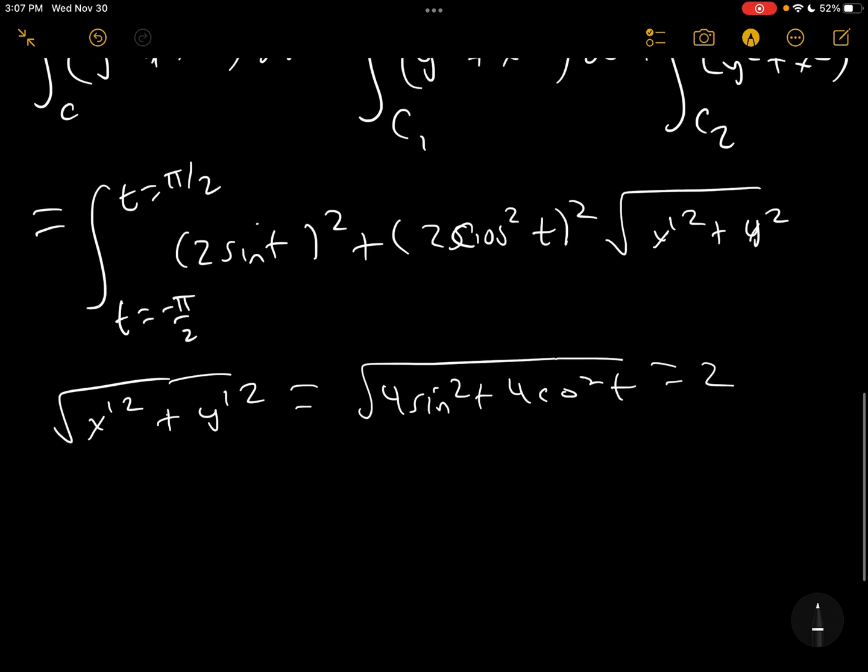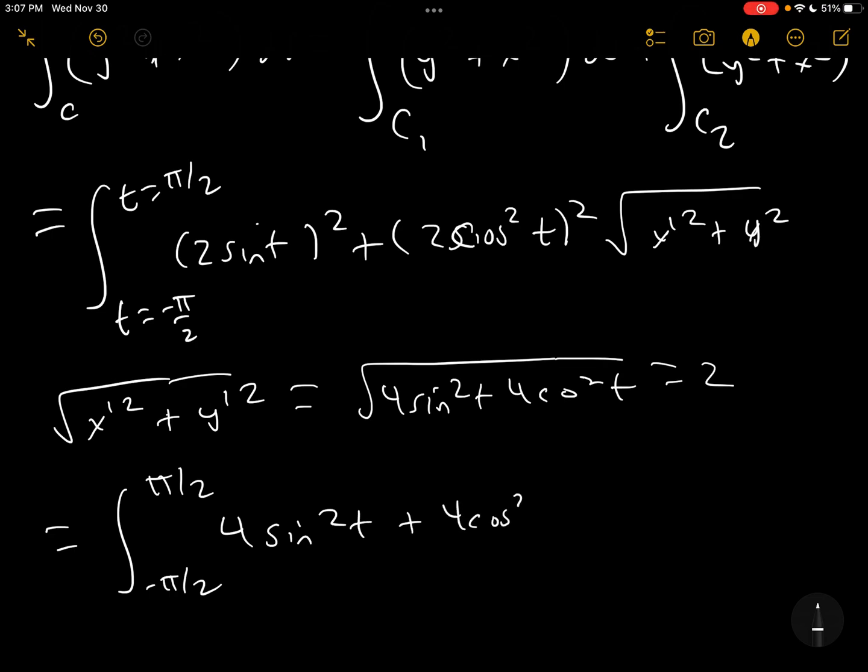Sure enough, that's 2. All right, so we put it all together. We have the integral from minus pi over 2 of 4 sine squared t plus 4 cosine squared t times 2 dt.